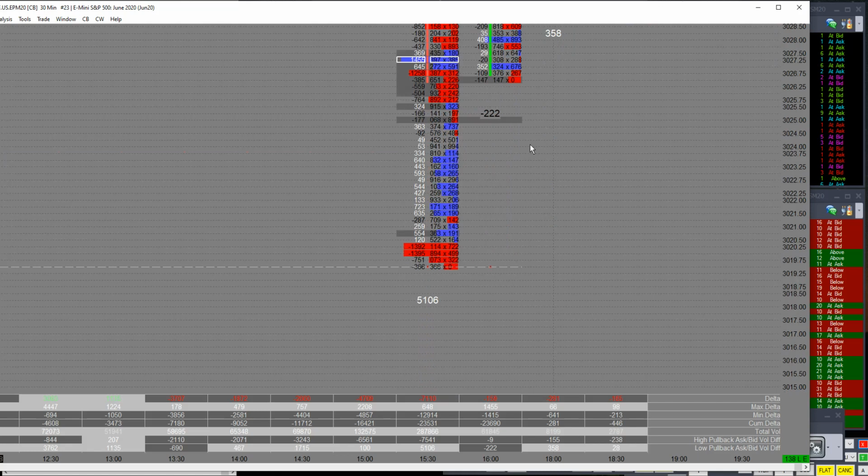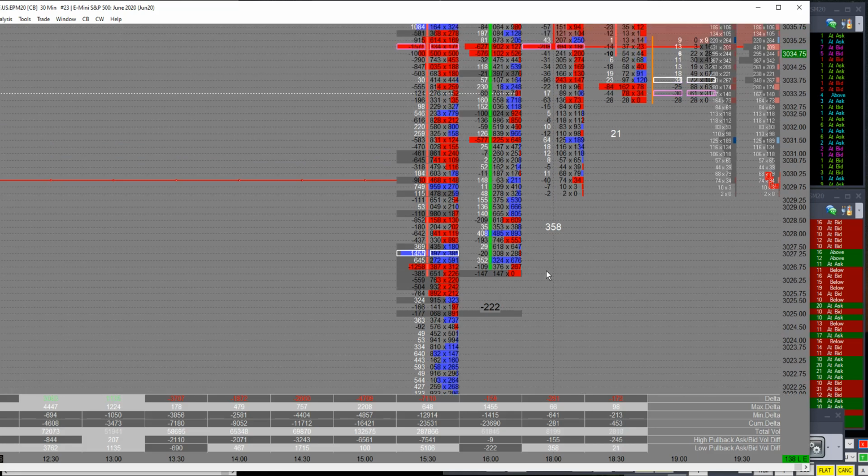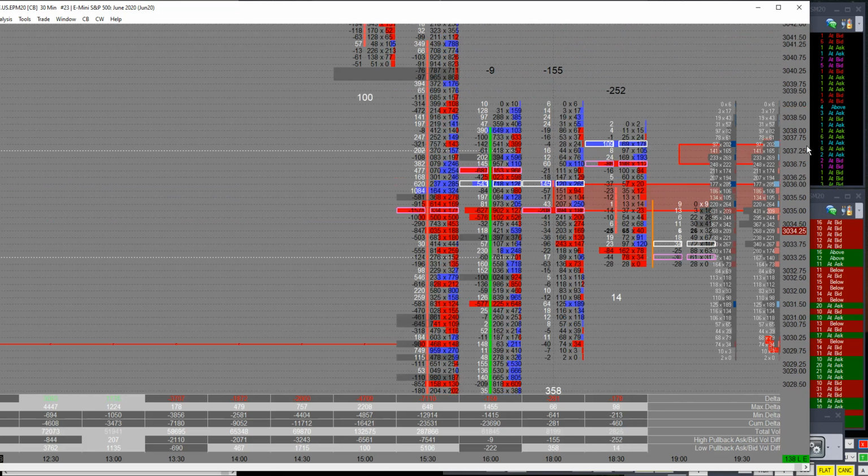Here, 147 sold at this level, and then we had 267. So that's like a 1-to-1, right? Most of the time, imbalances are like 300 times, 400 times. So if we had 147 here, and then we had like 500 on this side, that's an imbalance on the buy side, right? And the same thing for the sell side.